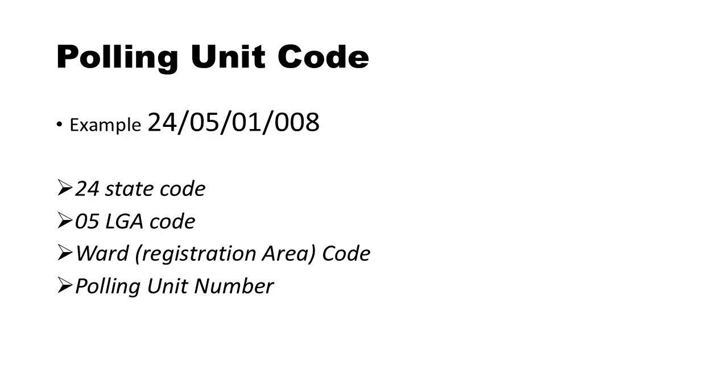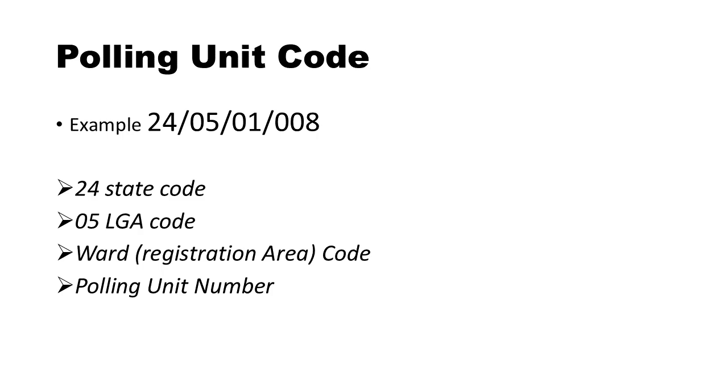That is forensic investigation of ballot papers. And on this, we are going to concentrate particularly on two aspects. The first is the PU code, that is polling unit code. Then the second one is the pattern fingerprint on ballot papers. So those are the two areas that we are going to deal with because of time.